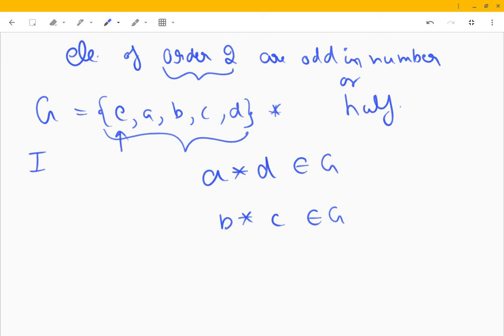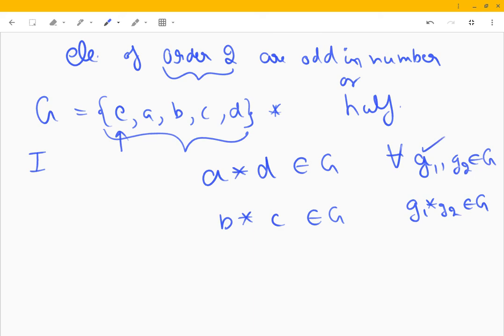Basically, for all G1, G2 belonging to the group, G1 star G2 should belong to the group. This is the closure property.